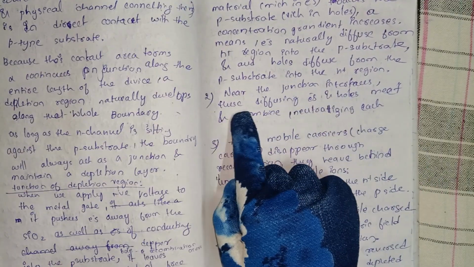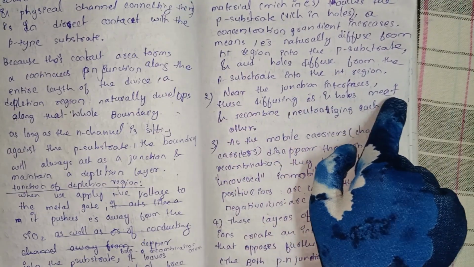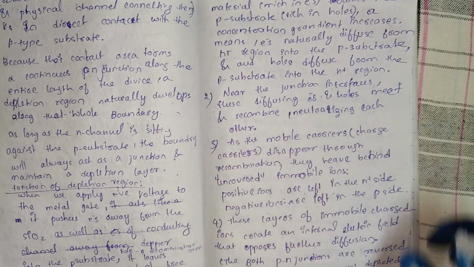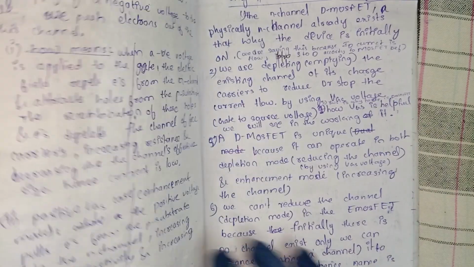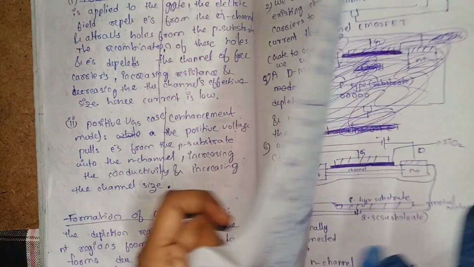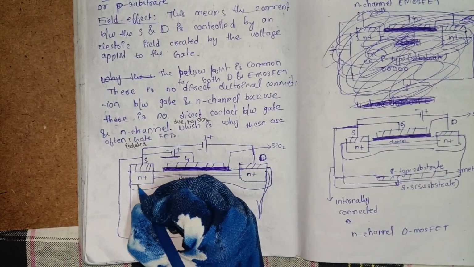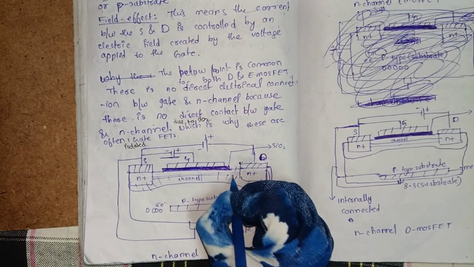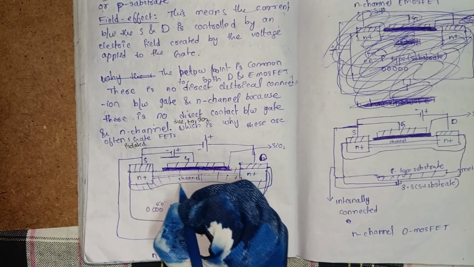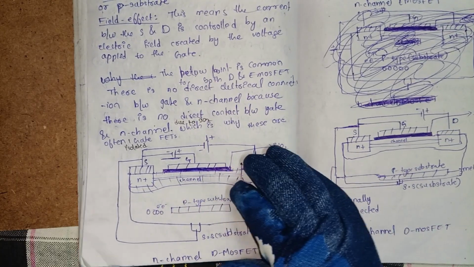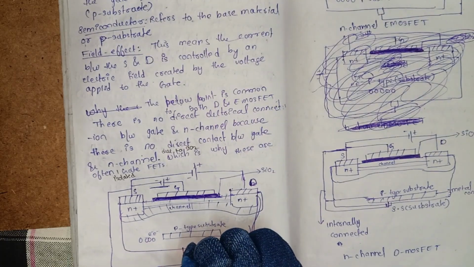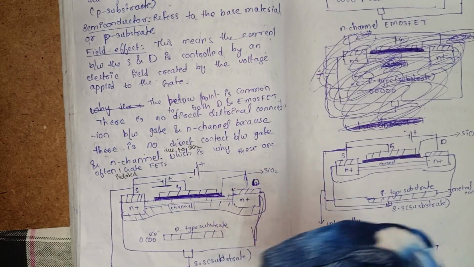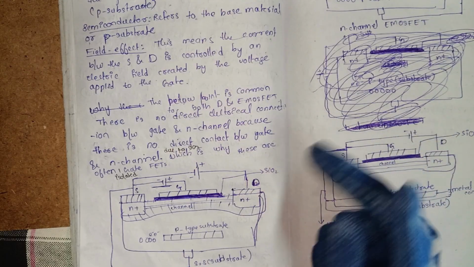Near the junction interface, these diffusing electrons and holes meet and recombine, neutralizing each other. Here in the diagram, this is the depletion region, due to the diffusion of electrons into the p substrate and holes into the n type material.